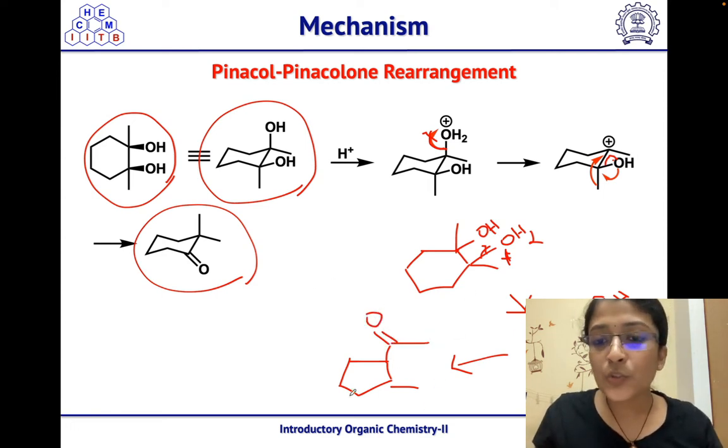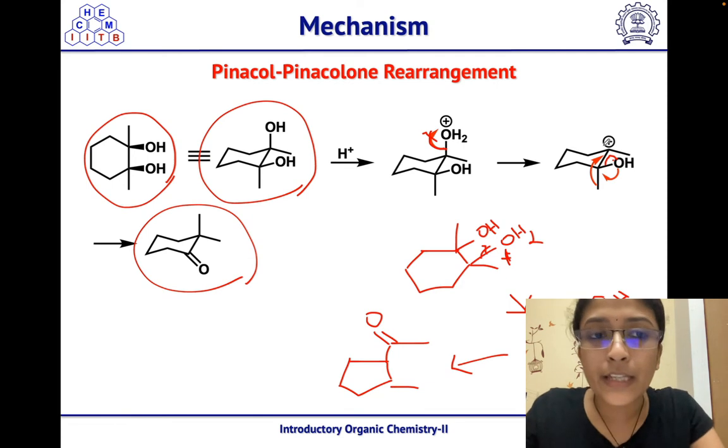This product can also be expected. But when we draw it in the chair conformation, it is very clear that only the methyl group is able to migrate and not the other one. The other carbon-carbon bond is not migrating. Only the methyl group is migrating because of orbital interactions.